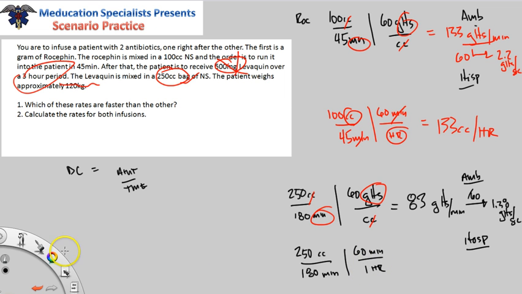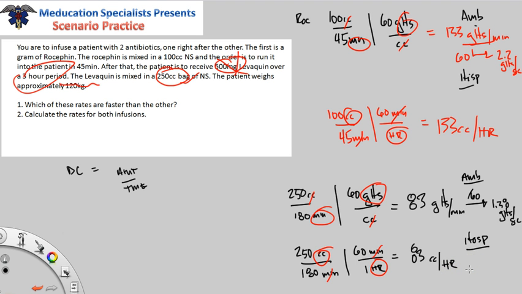And then we'd go ahead and scratch out our minutes and minutes. What we're left with is cc's per hour, and that gets us the same number because it's 250 times 60 divided by 180.